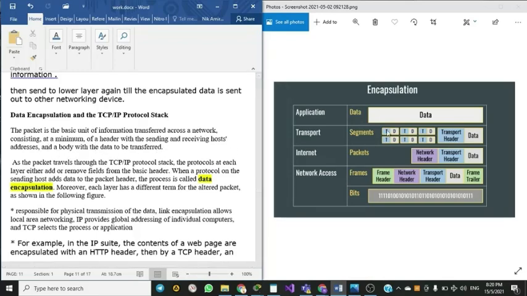So basically, we have the data, which is the body. We have the header, and each layer will add its own header. If you can see right here, the frame has its own frame trailer, or tail.